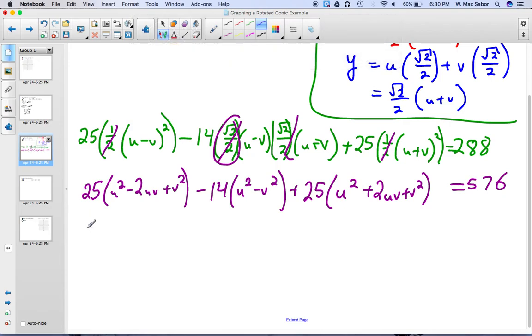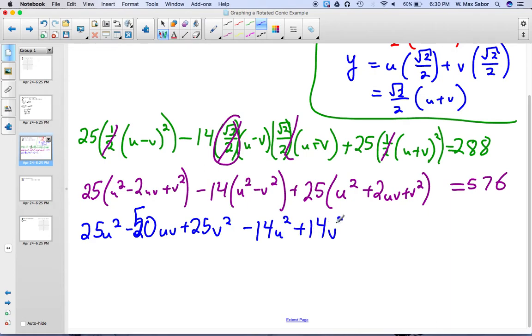Now we can distribute: 25U squared minus 50UV plus 25V squared minus 14U squared plus 14V squared plus 25U squared plus 50UV plus 25V squared equals 576.